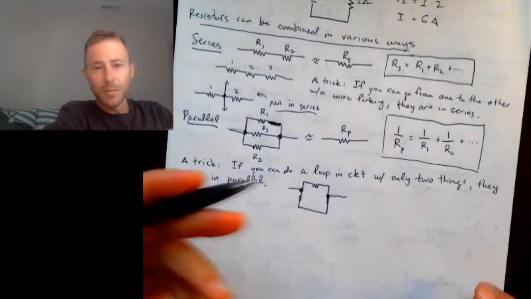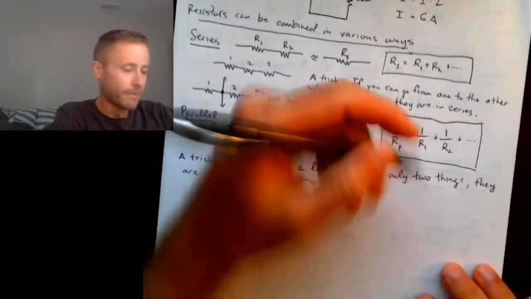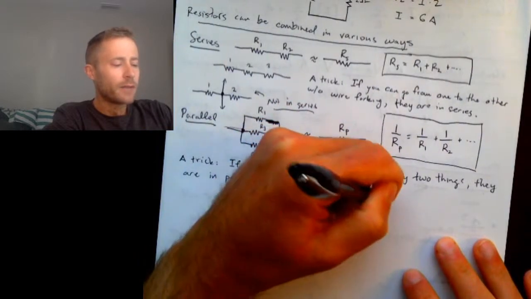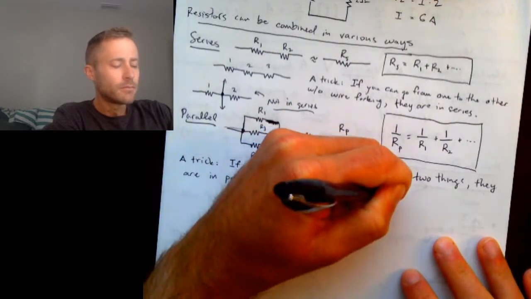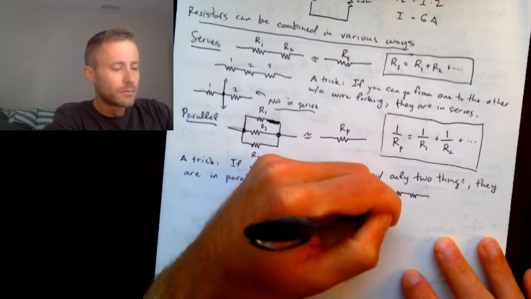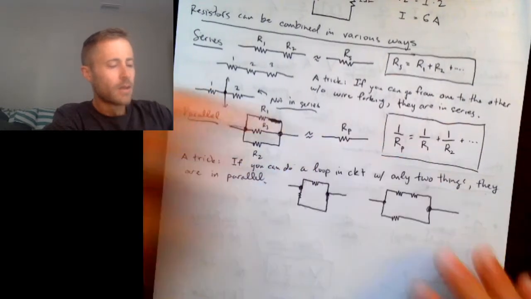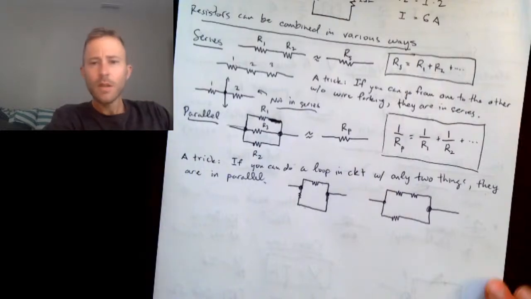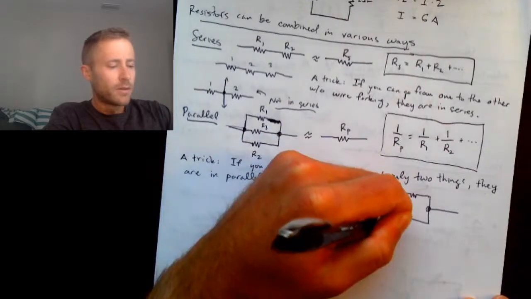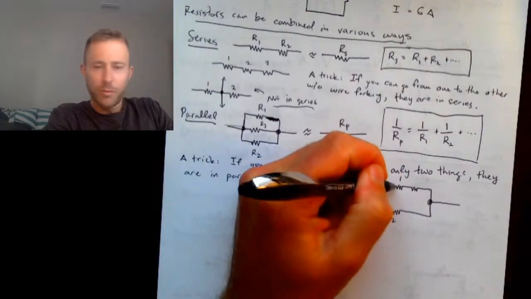Okay, but let me give you an example of something that almost looks like parallel but is not. What if I had something like this? Okay, so 1 and 2, see, they're both pointed horizontally.